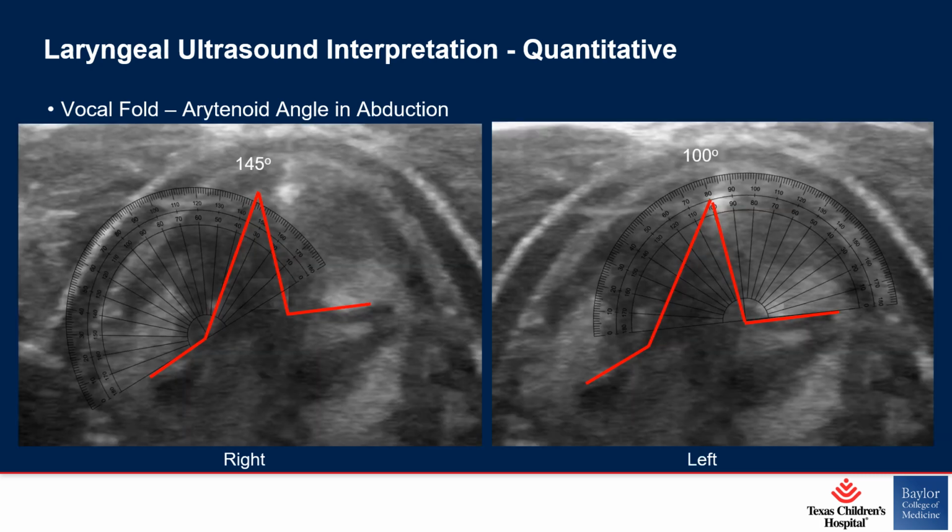Then you freeze the frame with the vocal folds in abduction or open and remeasure your angles. So you can see in this case, the right vocal fold in abduction has a vocal fold to arytenoid angle of approximately 145 degrees, whereas the left vocal fold didn't really budge. The vocal fold to arytenoid angle is 100 degrees.